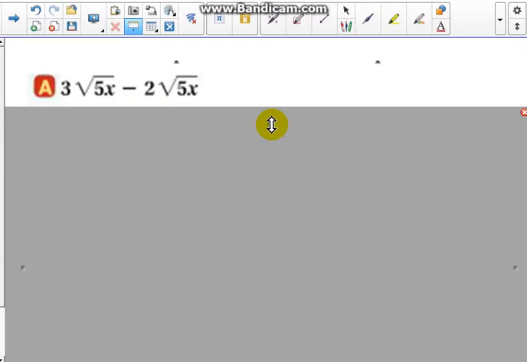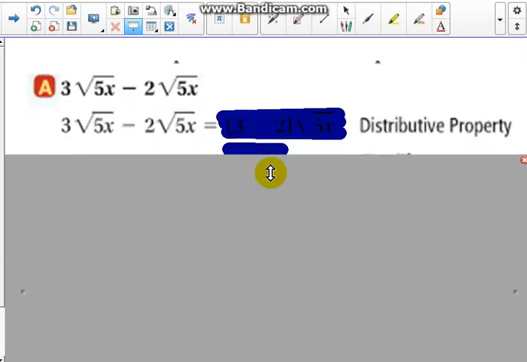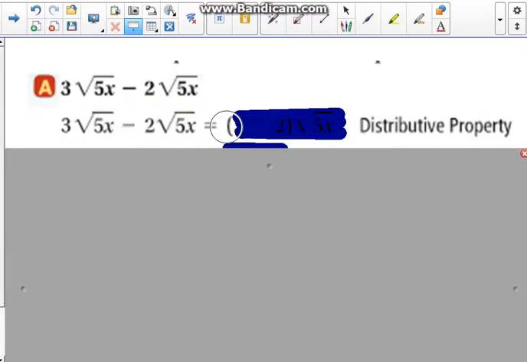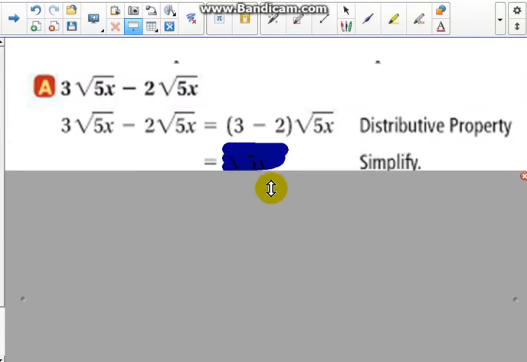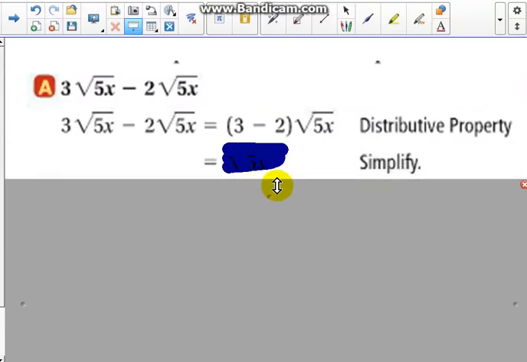So all we have to do is 3 minus 2. So 3 minus 2 times radical 5x. We're using the distributive property when we regroup those. And now we just simplify. The 3 minus 2 is just 1. And we don't write that 1, just like we don't write a positive sign in front of every positive number. We don't write the 1s in front of things. It's just the square root of 5x.